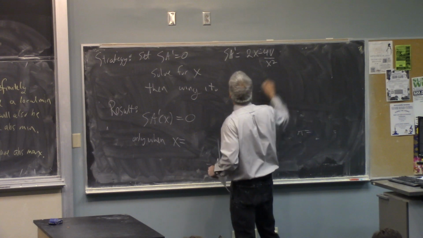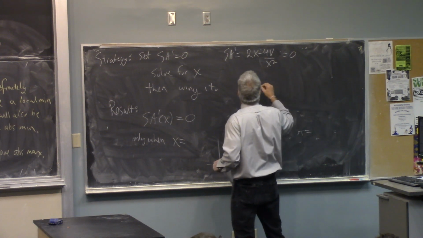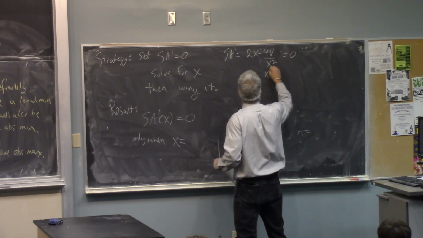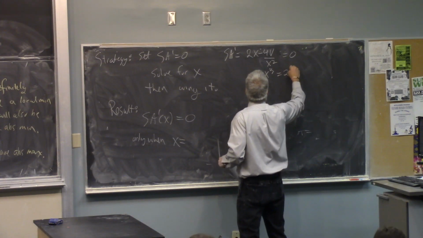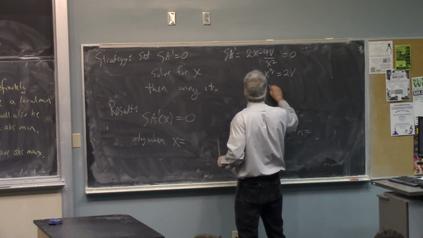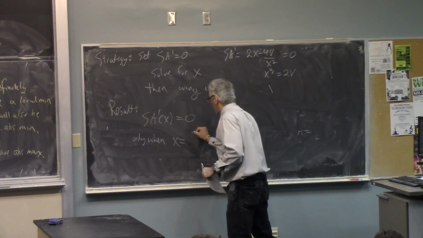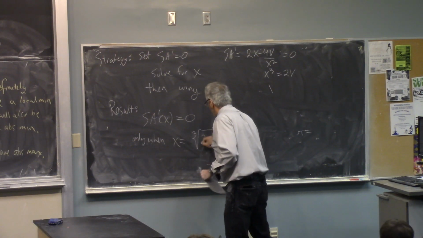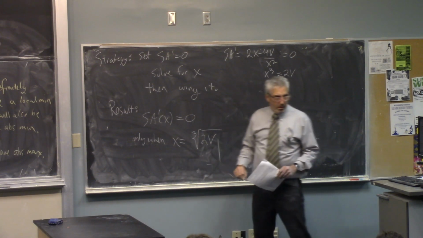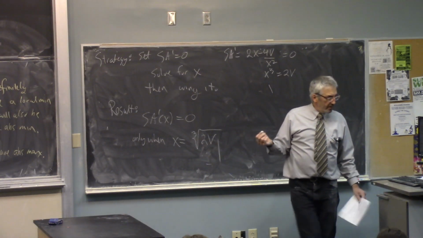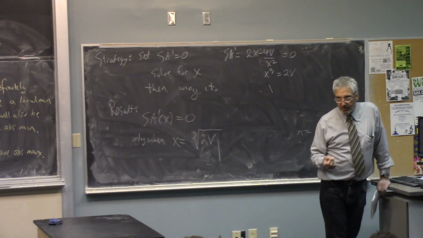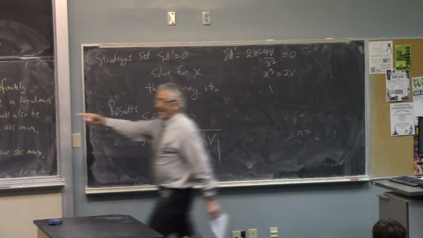And so that's got to equal 0. So I get x cubed equals 2V. So x is the cube root of 2V. Oh, there's only one x value that causes SA prime to be 0. So it's not this wacky.